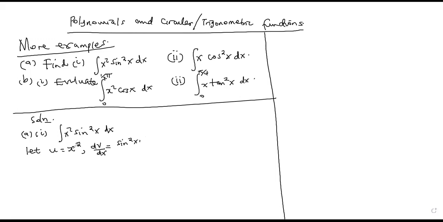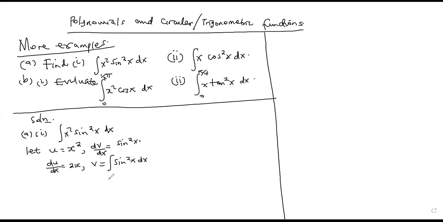So if I differentiate this one here, I'll get my du dx, which is going to be equal to 2x, and my v is going to be equal to the integral. If this is dv dx, then to get v itself, it's the integral of sine squared x dx.